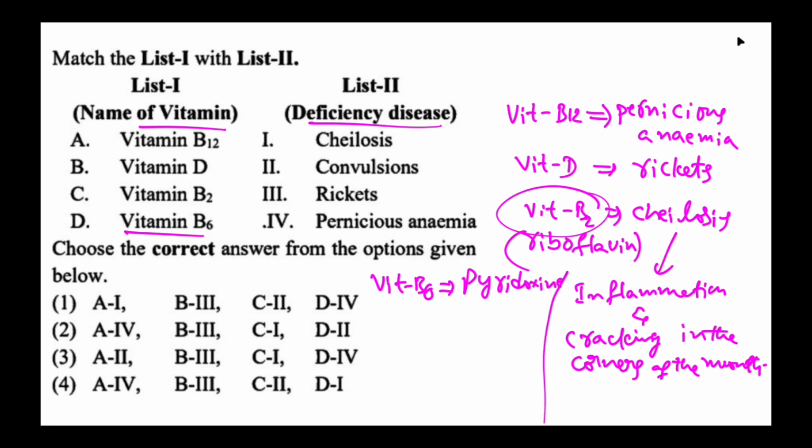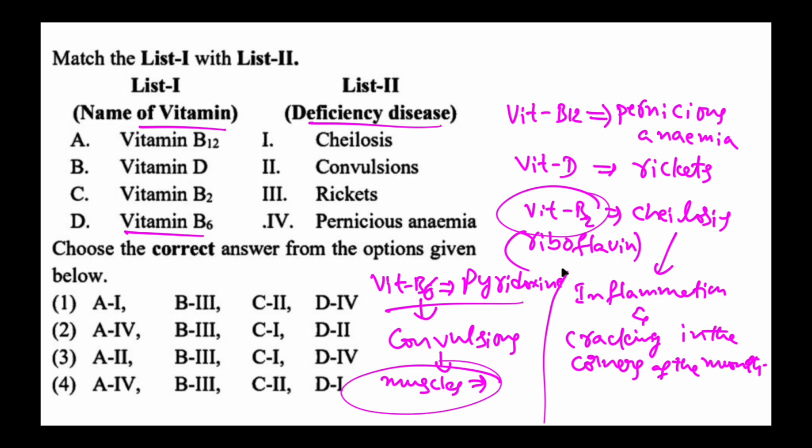Due to deficiency of vitamin B6, it causes convulsions. Convulsions means in this condition the muscles contract and relax quickly, and uncontrolled shaking of the body takes place.